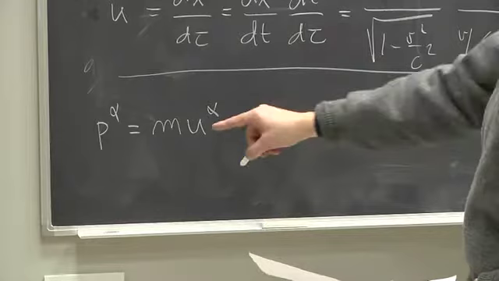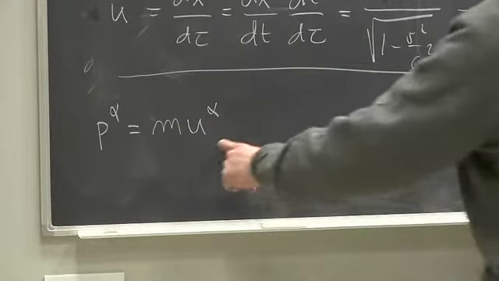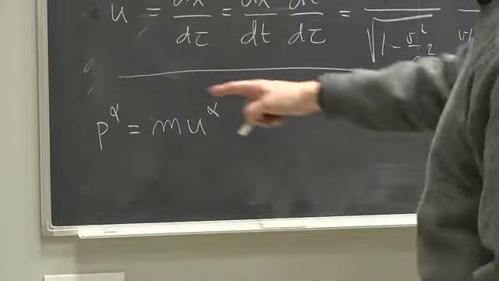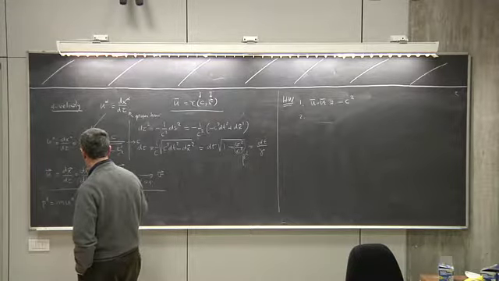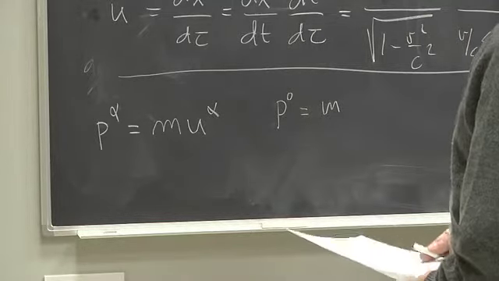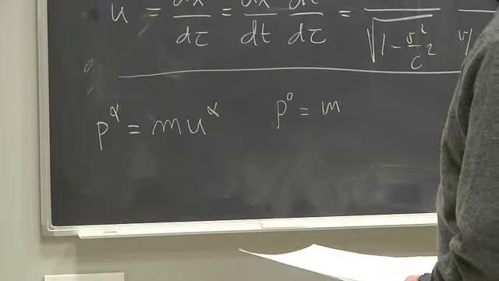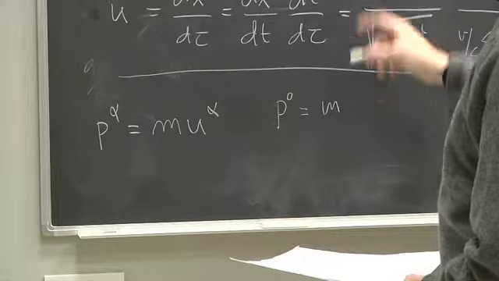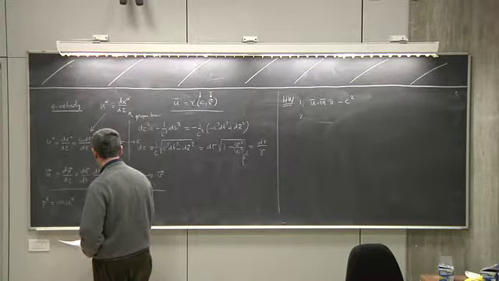Now that's kind of interesting in the sense that if you look at the components of this object, you see that the zero component, the p naught, is just m times that thing there. So if you use this, it is mc divided by the square root of 1 minus v squared over c squared.